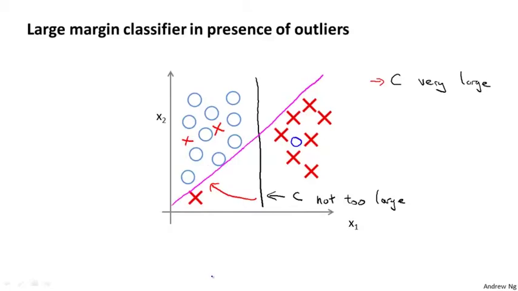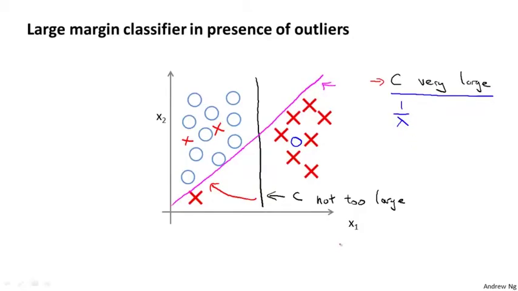And so this picture of a large margin classifier is really the picture that gives better intuition only for the case when the regularization parameter C is very large. Just to remind you, C plays a role similar to 1 over lambda, where lambda is the regularization parameter we had previously, and so it's only if 1 over lambda is very large, or equivalently if lambda is very small, that you end up with things like this magenta decision boundary.